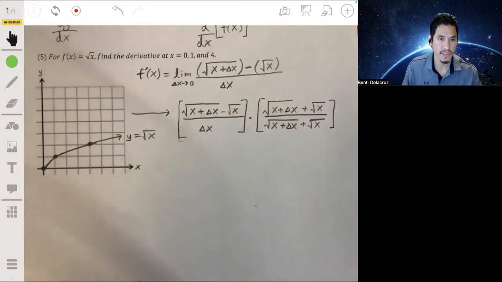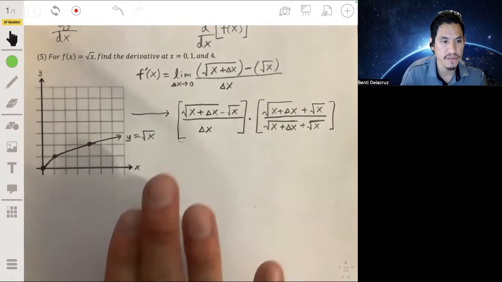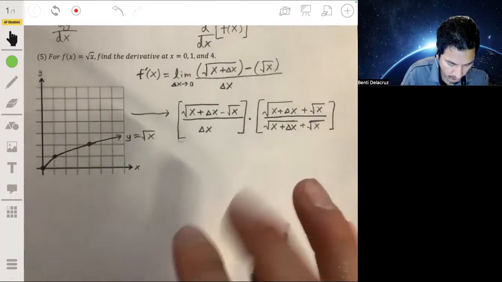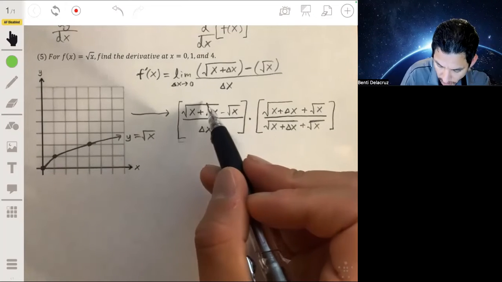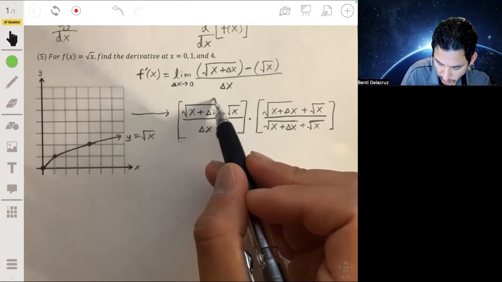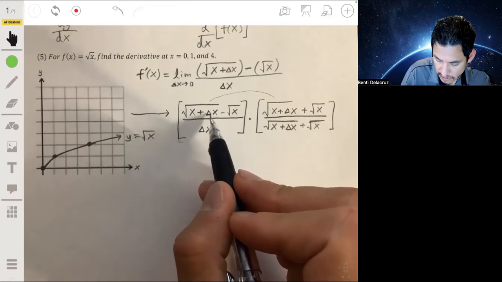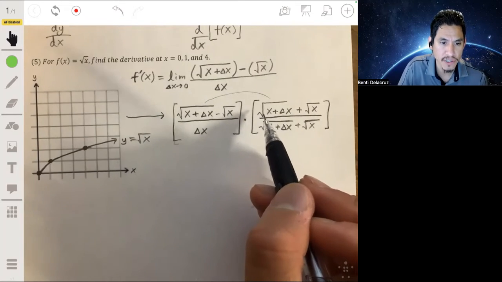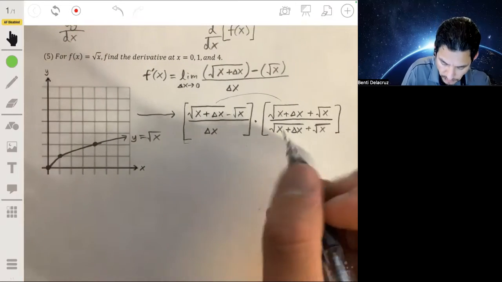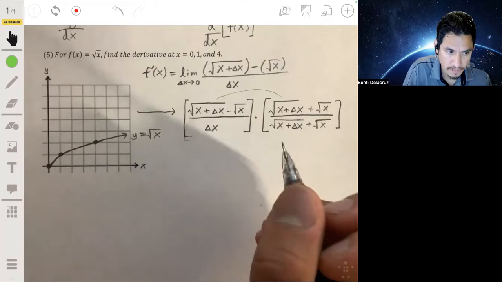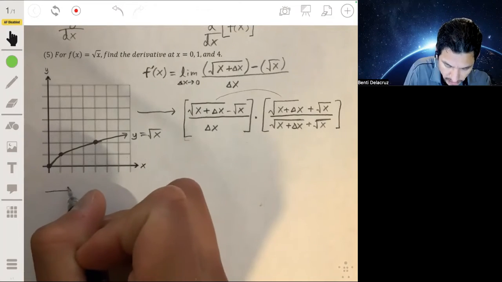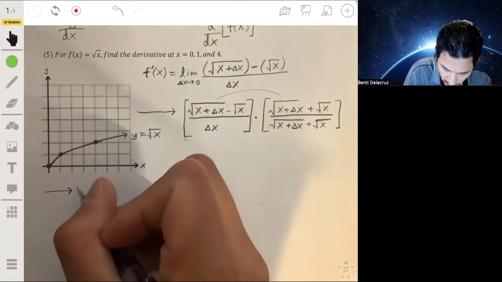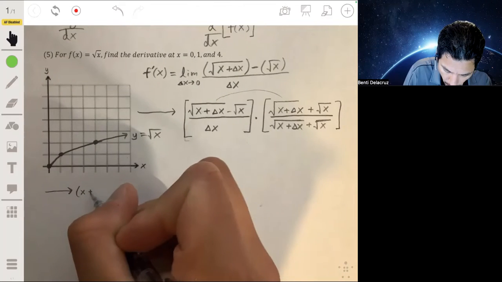Now, the reason we do this is that you're going to see some stuff cancel. Distributing, the square root of x plus delta x times the square root of x plus delta x simply cancels the square root part, so it just becomes x plus delta x without the square root.